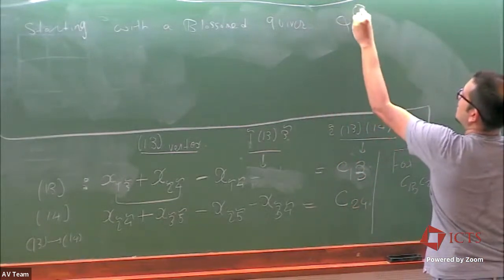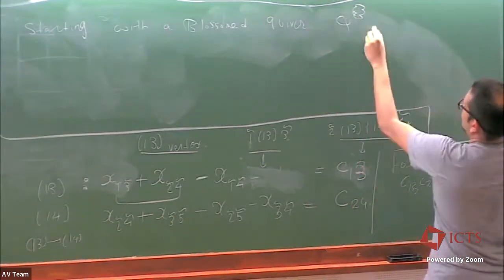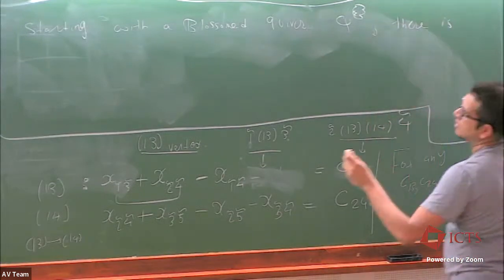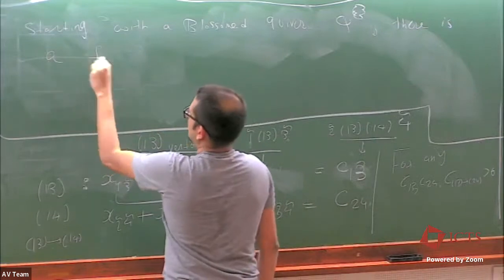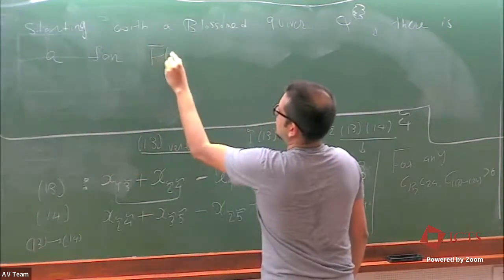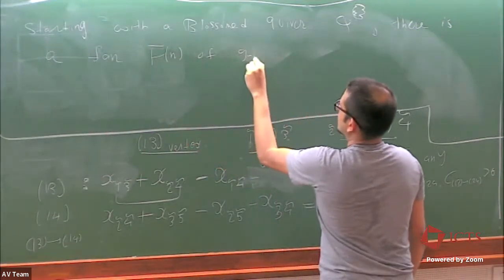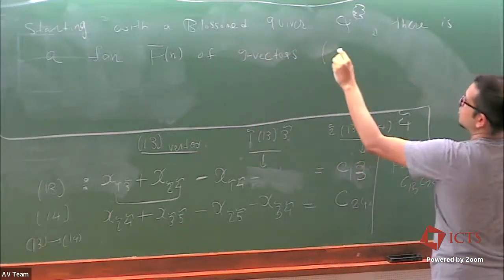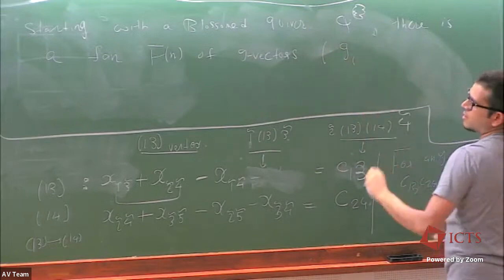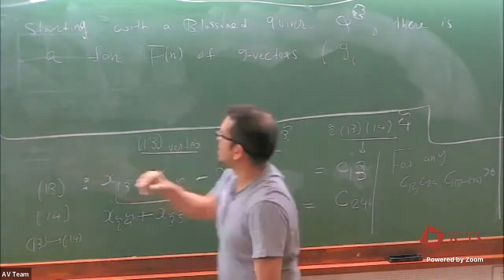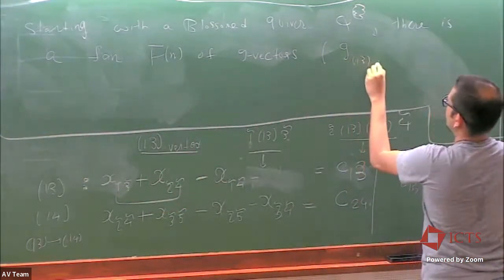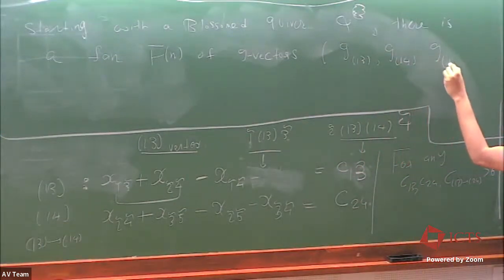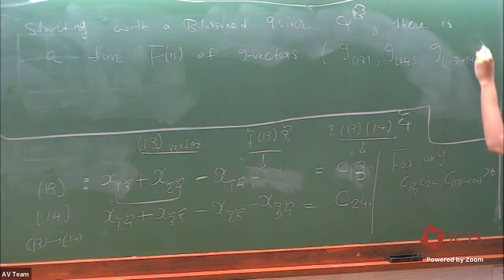For Q star flower, for example, there is a fan, let me call it Fn of G vectors, which I am just going to indicate as G. So for this example, there are 3 G vectors: 1 3, 1 4, and 1 3 2 1 4.